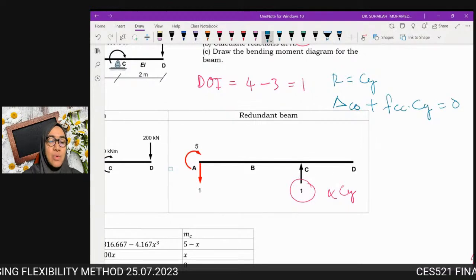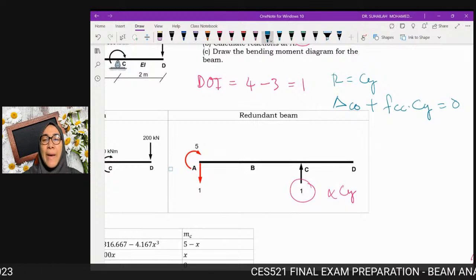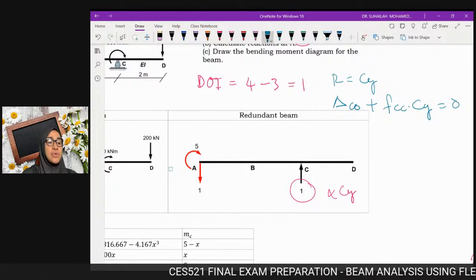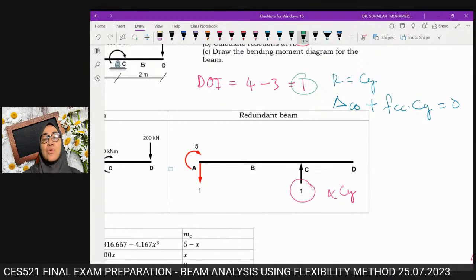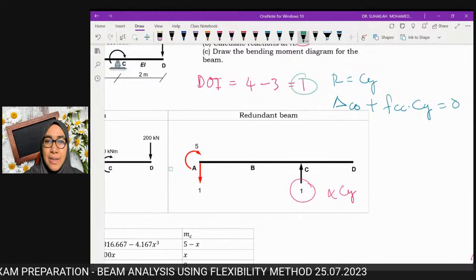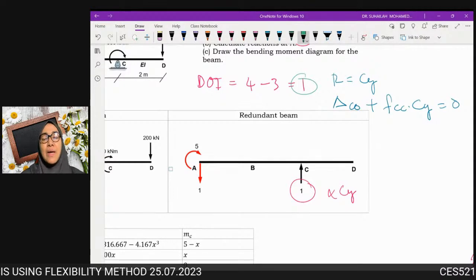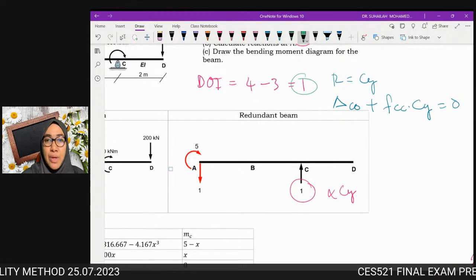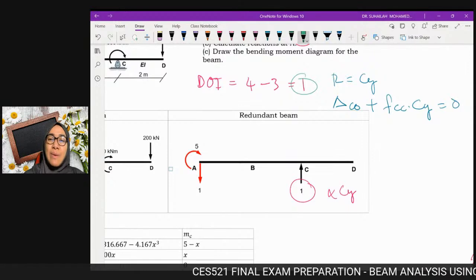So this is equal to 0. This is actually the compatibility equation. So the redundant is 1, Cy is the redundant, and the way to solve the redundant is by solving the compatibility equation. The compatibility equation is actually a displacement equation.